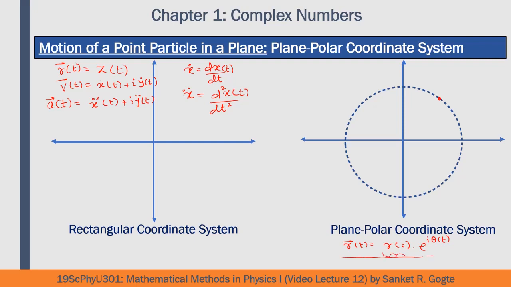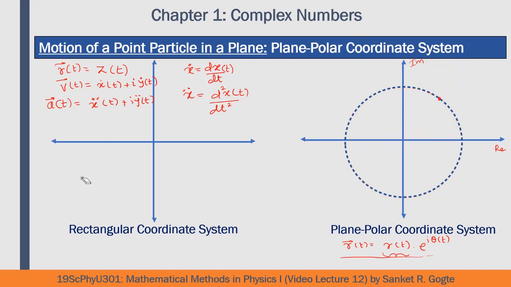We have already seen that when we represent r, we get this circle, and when we give the argument, we get this line which makes a rotational angle of theta with the positive real axis. In this way we can write the position vector of the particle as a complex number in exponential form.